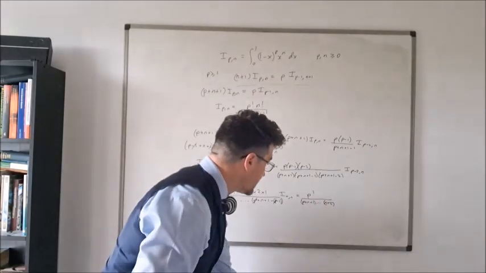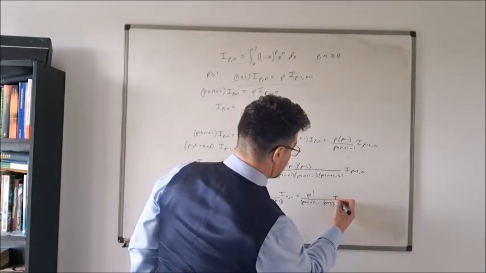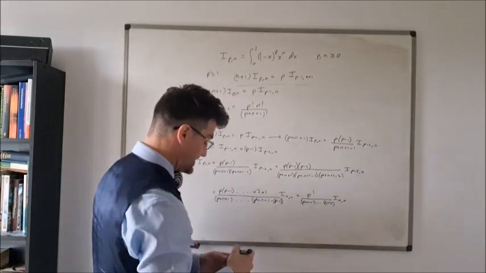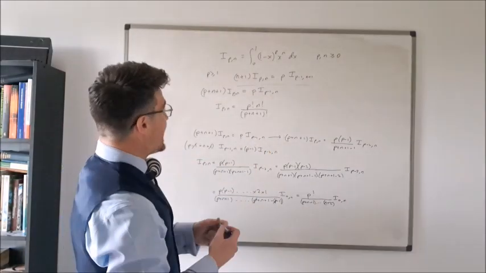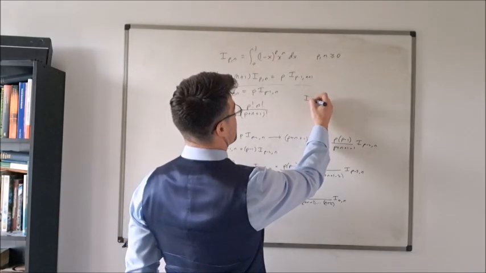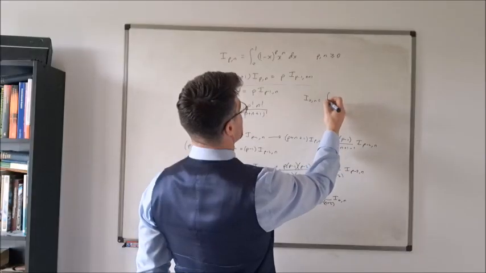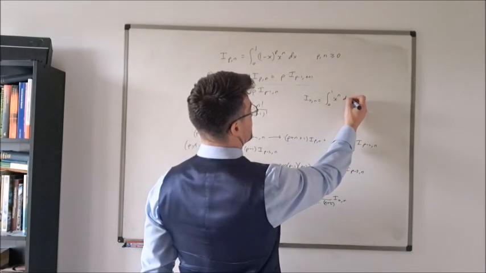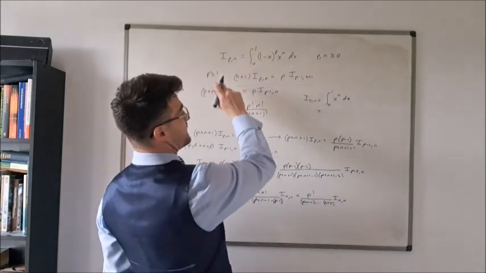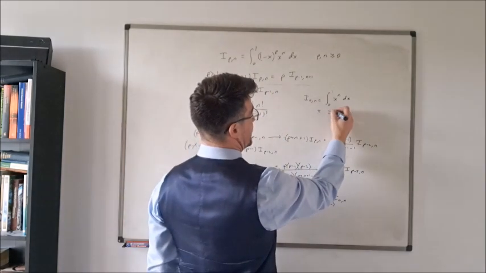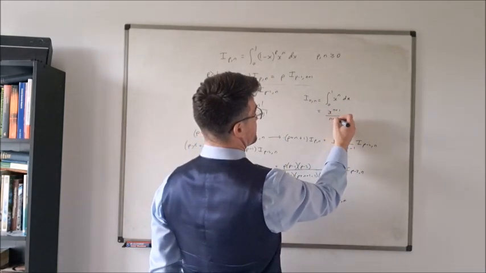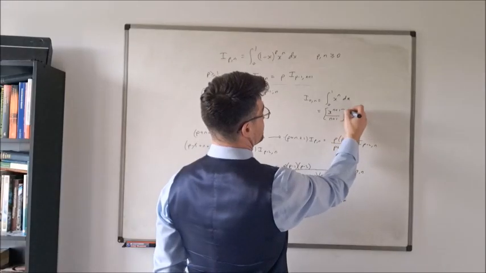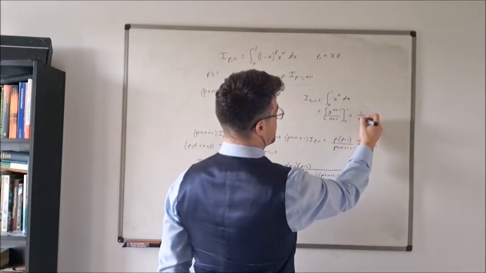Okay, so I_{0,n} is equal to the integral of just x to the power of n from 0 to 1, using this formula up here. So I get x to the power of n + 1 over n + 1 between 0 and 1, which equals 1 over n + 1.